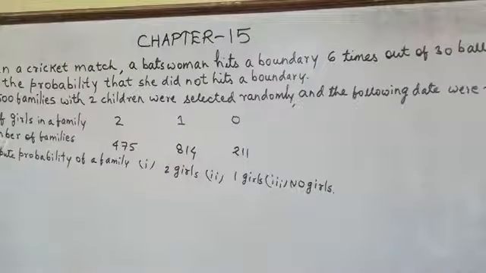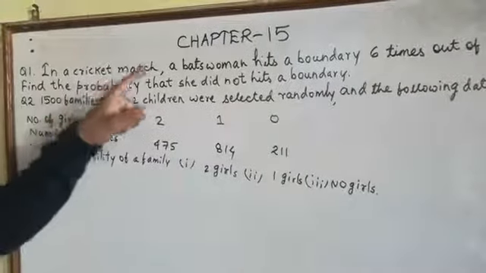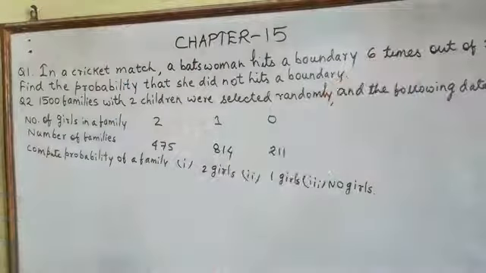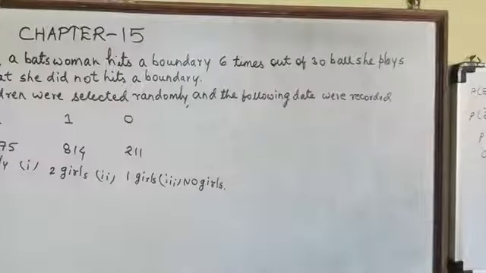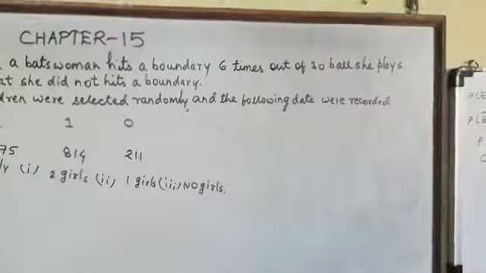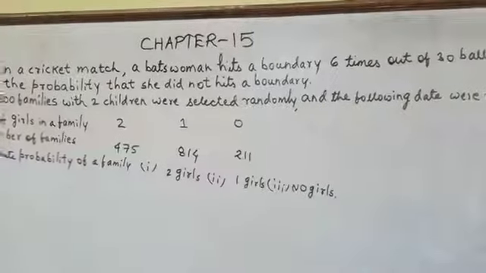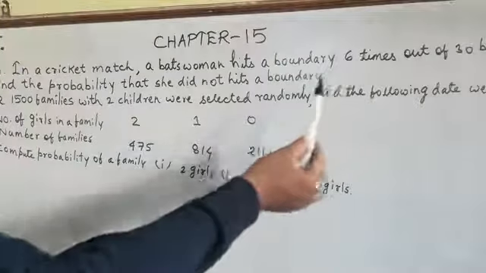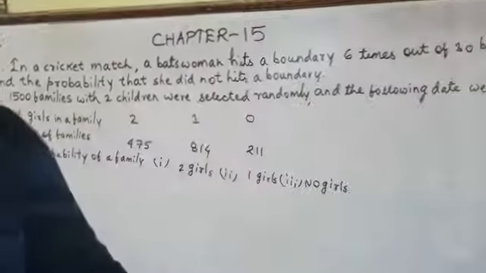In a cricket match, a batswoman hits a boundary 6 times out of the 30 balls she plays. Find the probability that she did not hit a boundary. So in a cricket match, how many balls are played by the batswoman?